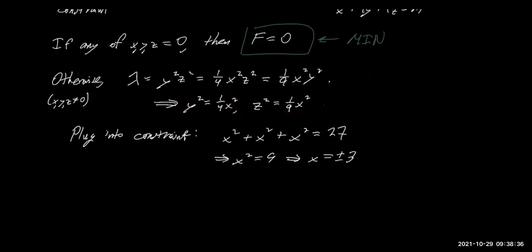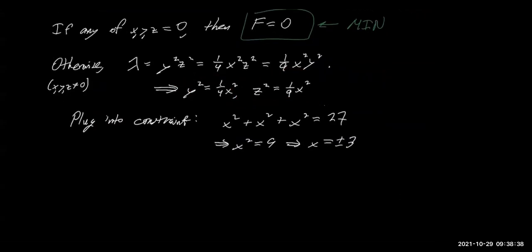If you think about the function, we really just need to know y squared and z squared. We don't really need to know y and z, but that means y squared is 9/4. So y is plus or minus 3/2. And z squared is 1.